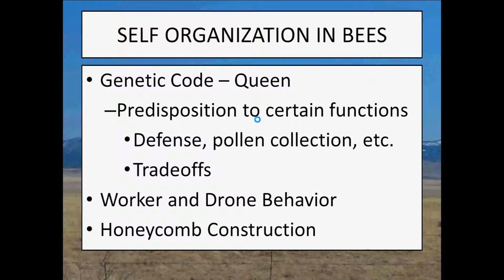That hive may survive an attack by hornets, but it may not survive the winter because they neglect pollen collection, or they neglect water collection or hive construction. We also see that the worker and drone behavior of bees is also determined by the genetic code of the queen and by the oscillations in the period gene of the messenger RNA of a bee.